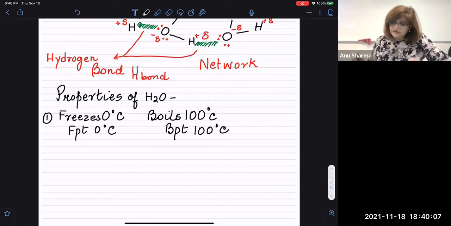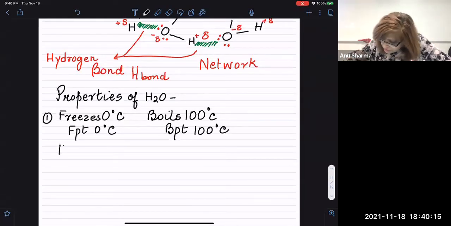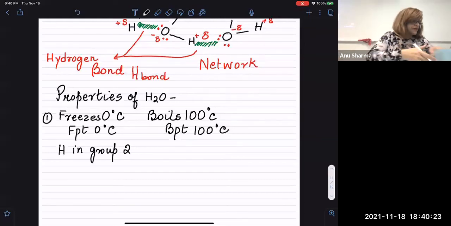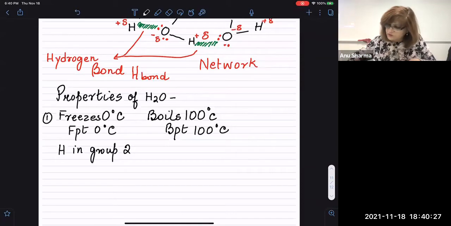That's higher than the other elements that are connected with hydrogen in the same group, the group with nitrogen, oxygen, and fluorine.